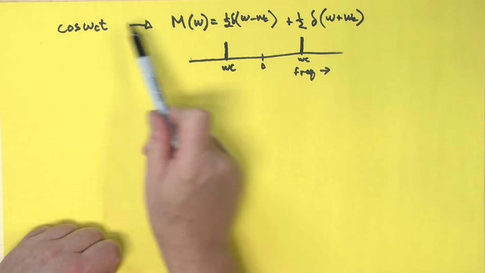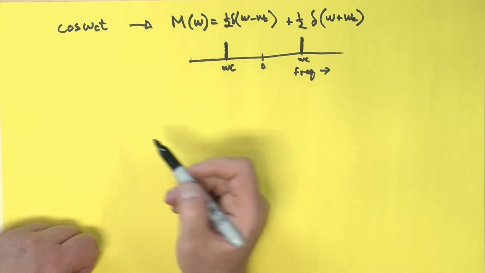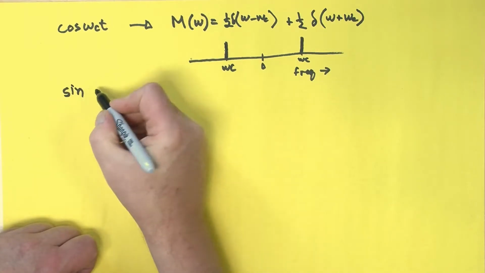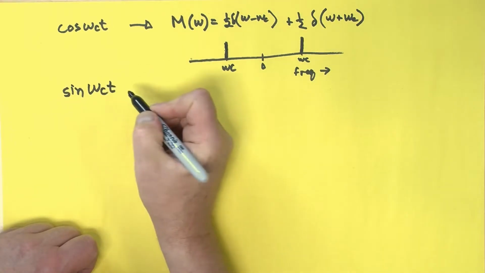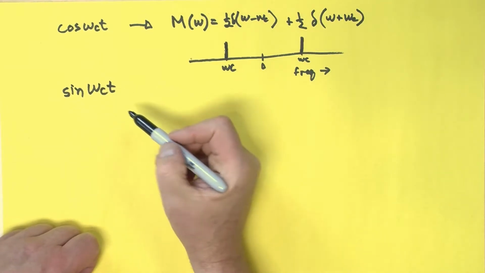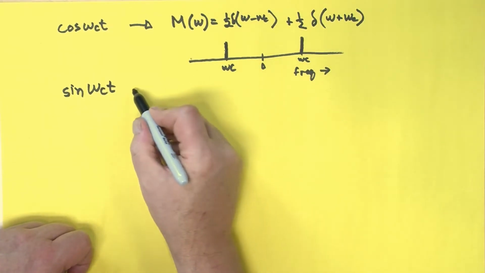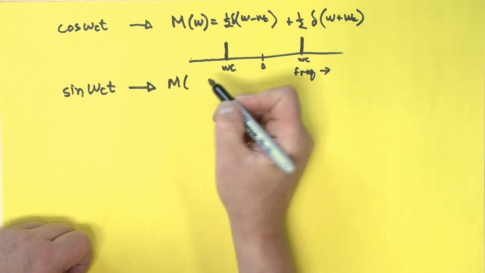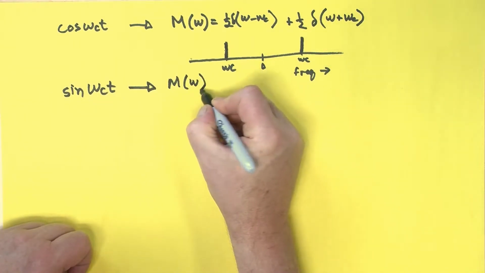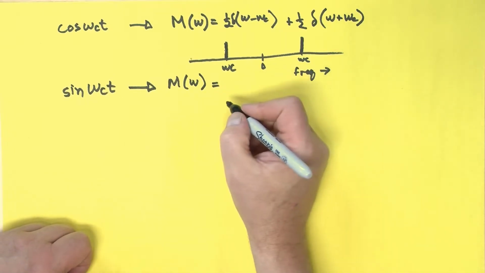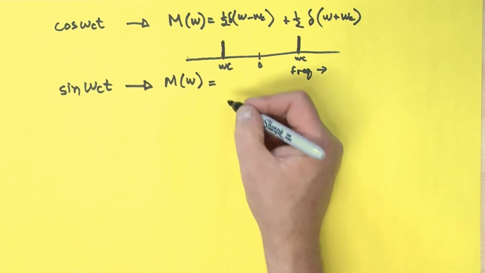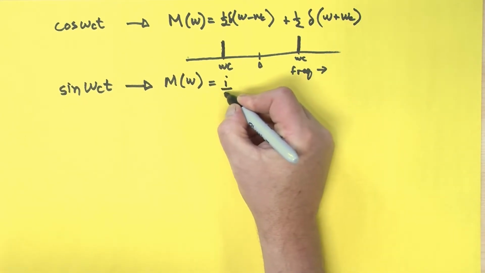I've just redrawn what we came up with on the last page, and we should really now see what happens if we have sine omega c t, just another sinusoidal wave. And if we see what happens, it turns out M of omega in the frequency domain is equal to, well, i over 2.